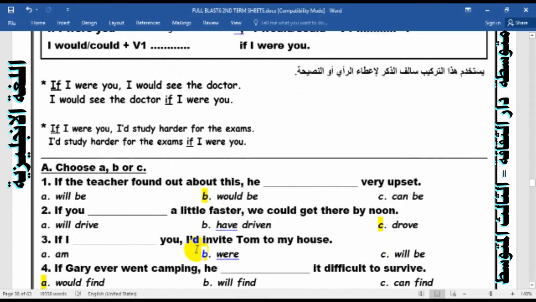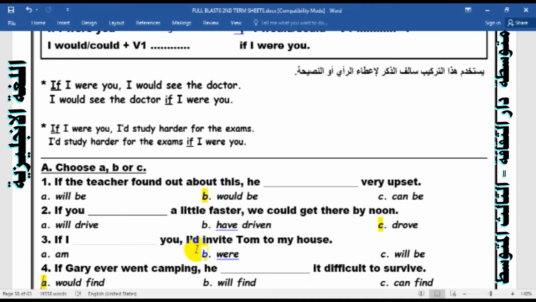Let's practice. Exercise A. Choose A, B, or C. Number 1. If the teacher found out about this, his face would be very upset. The right answer here is would be. Why?